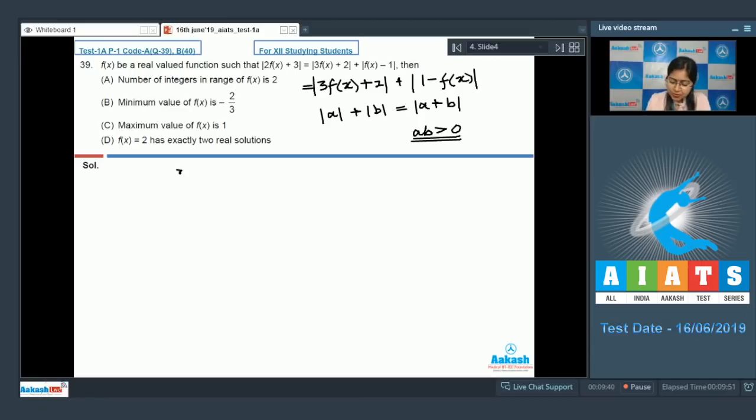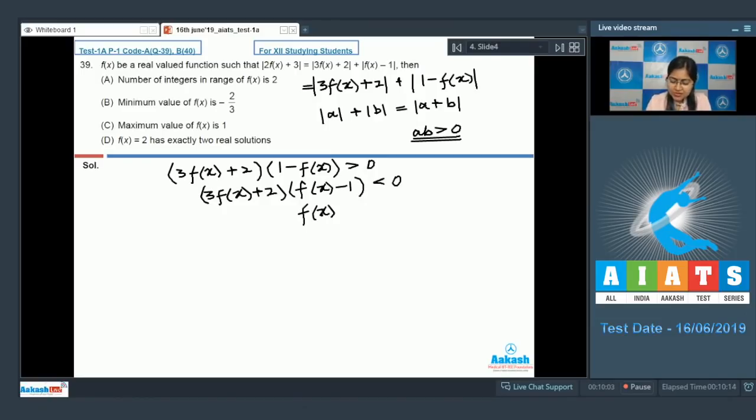So let's put here 3 times f(x) plus 2 multiplied with 1 minus f(x). This is greater than 0, right? So we can also write it as 3 times f(x) plus 2 multiplied with f(x) minus 1 is less than 0, which means that f(x) will belong from minus 2 by 3 up till 1.